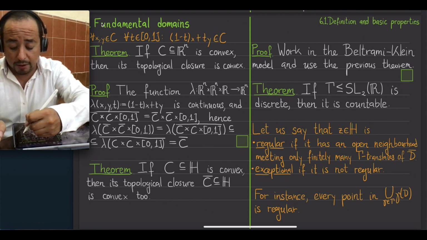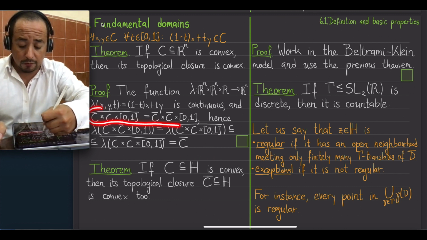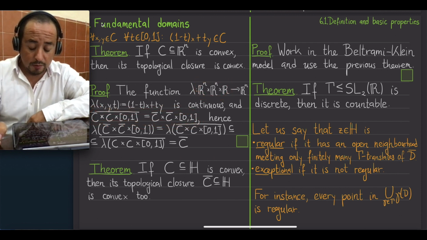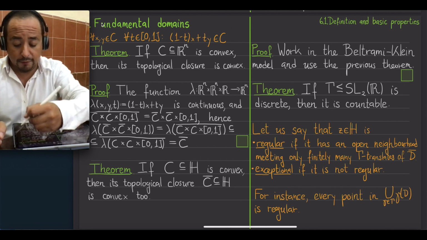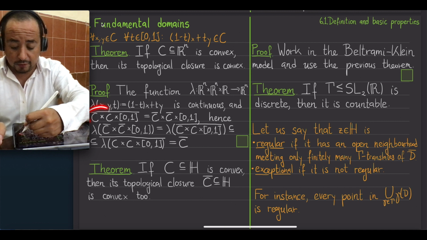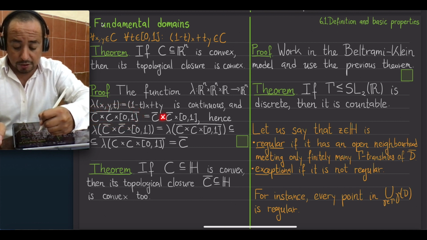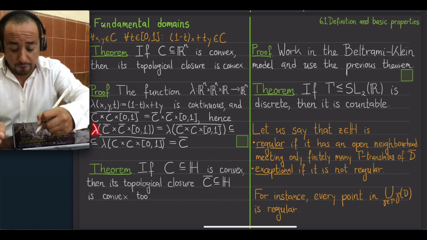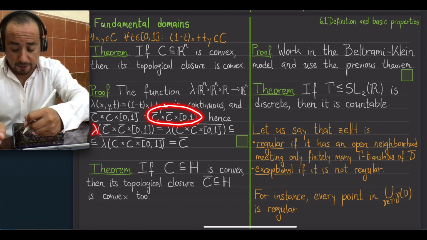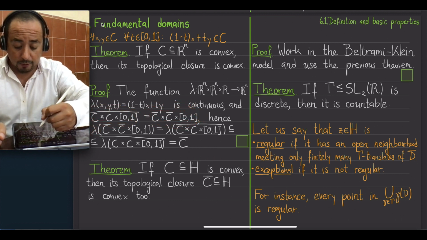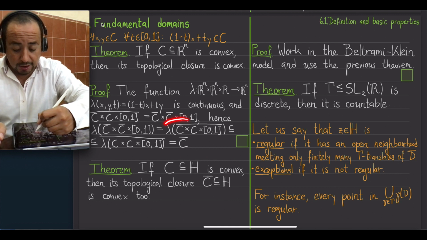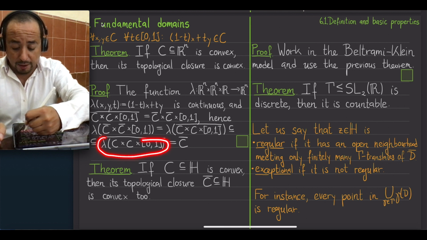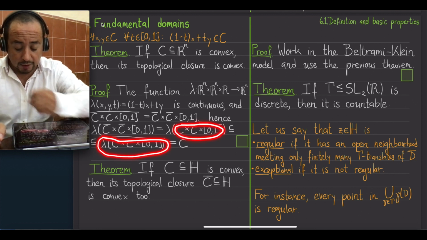And so, also because of how the topology of this Cartesian product behaves, this closure is equal to the Cartesian product of the closures. And so, lambda of this set is equal to lambda of this set, of course, because the sets are equal. And by continuity, lambda of this closure is contained in the closure of lambda of whatever is here before the closure.